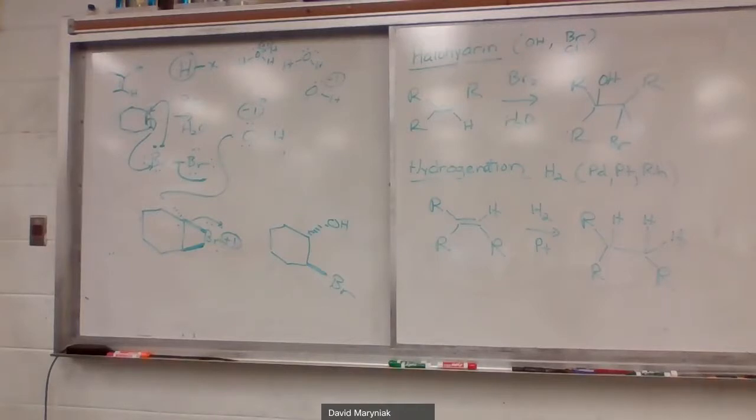Do we have lots of things we can do with halohydrins? Yes. All right, then it gets easier. What would you say hydrogenation adds to an ene? Hydrogen. How many hydrogens? Two overall.